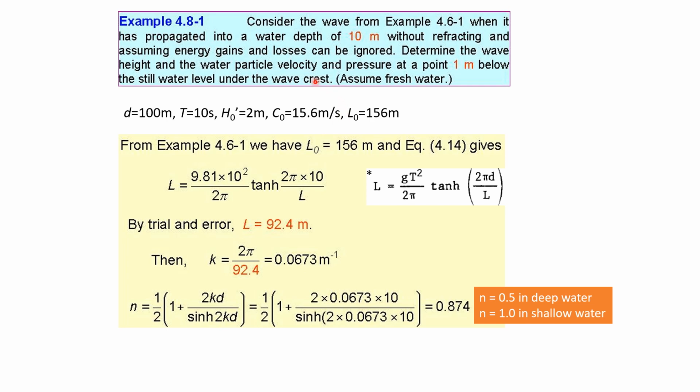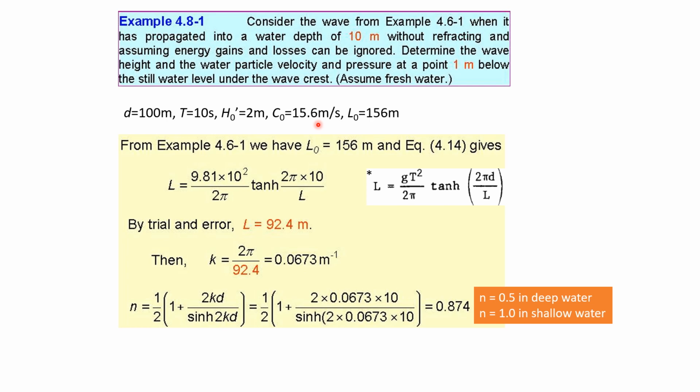So these are all from the previous information. Actually, all we need is this part of the information. C0 and L0 are calculated. So you have to look back at example 4.6-1 to see how we obtained C0 and L0 if you forgot.